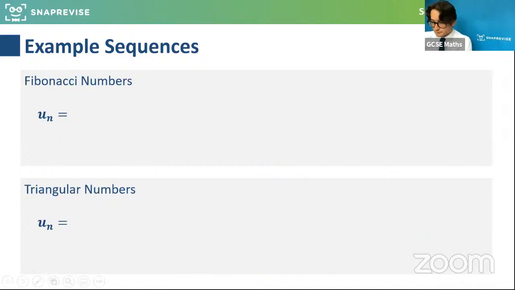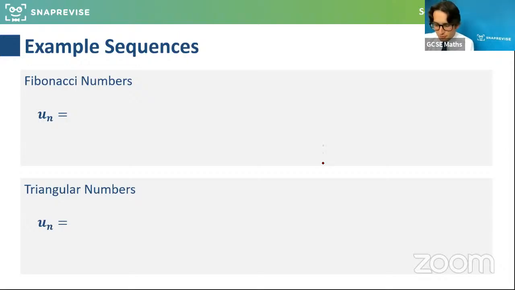Now, let me know if you've seen these sequences before. So the Fibonacci numbers, this is an interesting one, and this is where I'm going to use the slightly different type of notation to define this. For those of you that have seen the Fibonacci sequence before, you might be aware that the sequence goes, yeah, excellent.